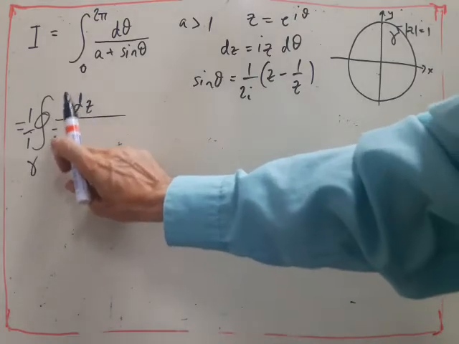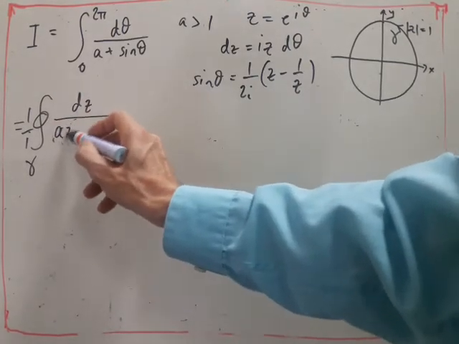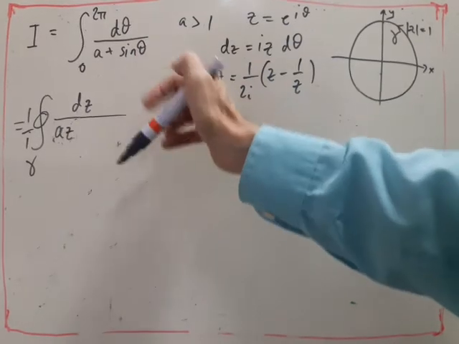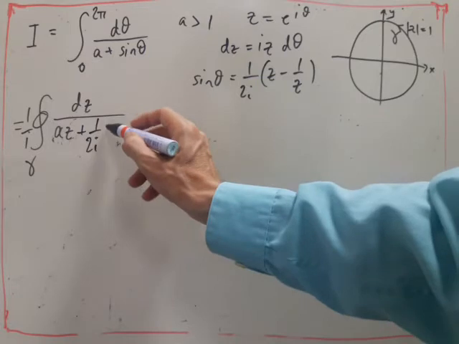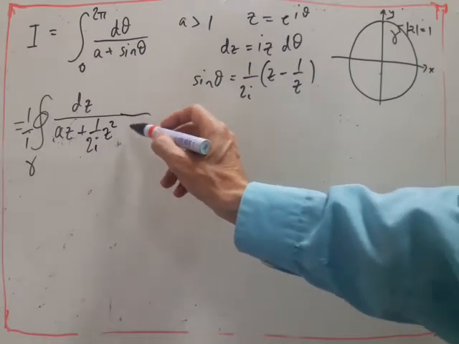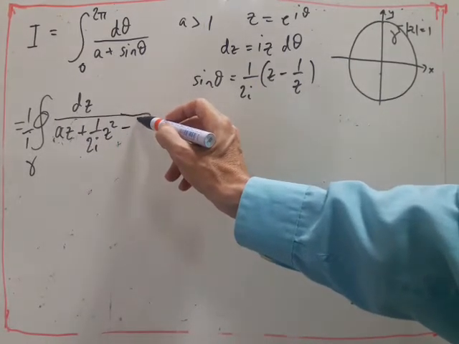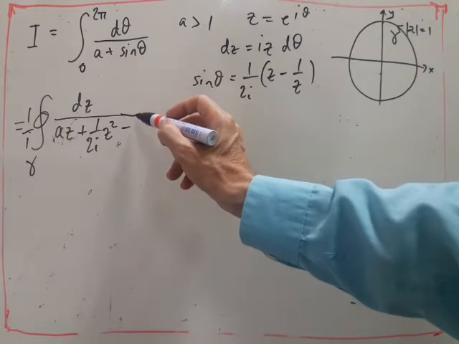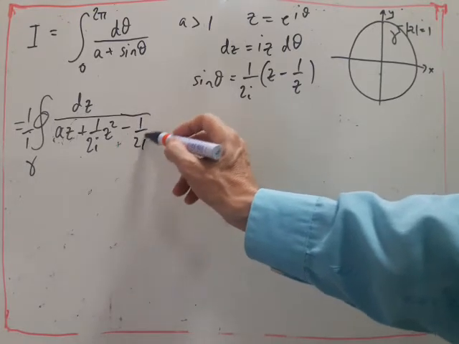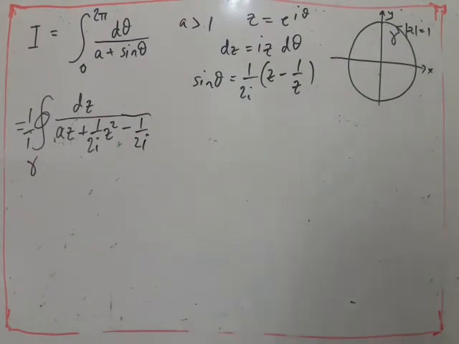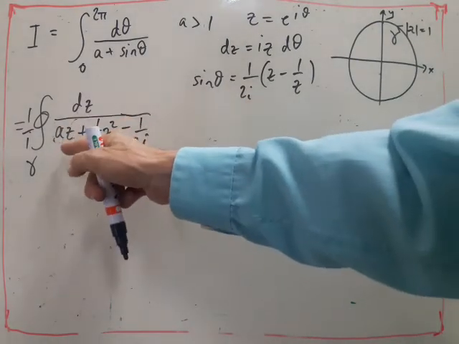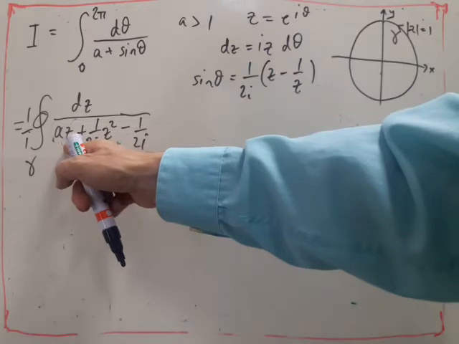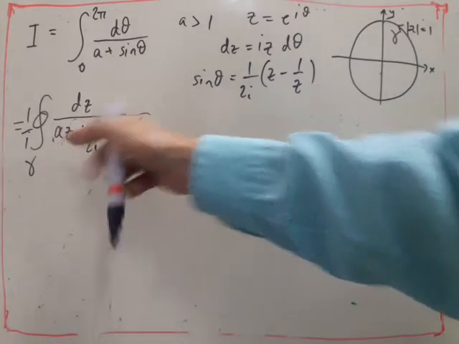let's just multiply through. So we've got az plus 1 over 2i z squared minus 1 over 2i. Okay, so let's try and make things look a bit nicer by multiplying top and bottom of this expression by 2i.